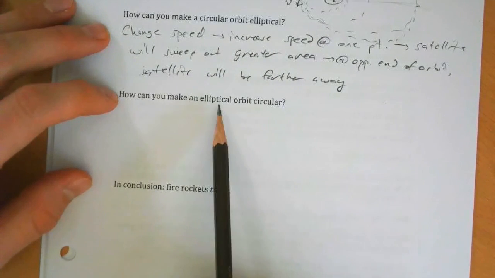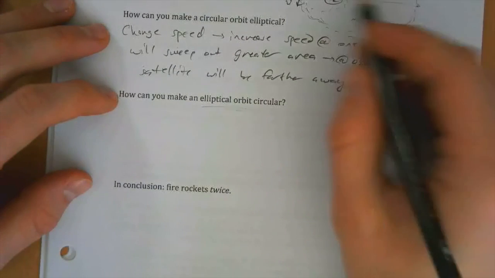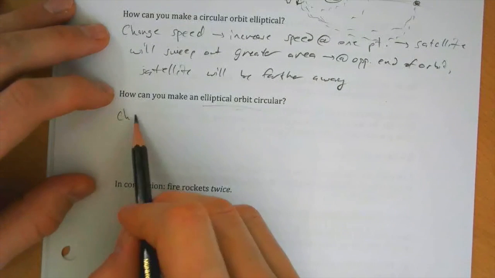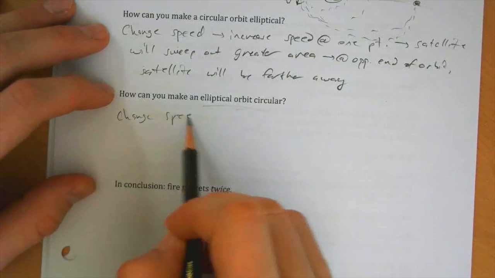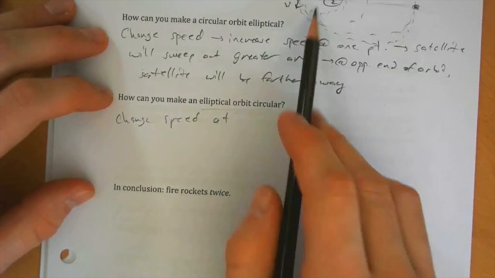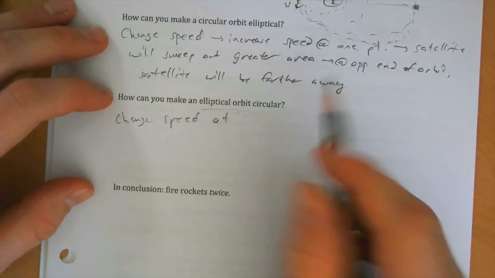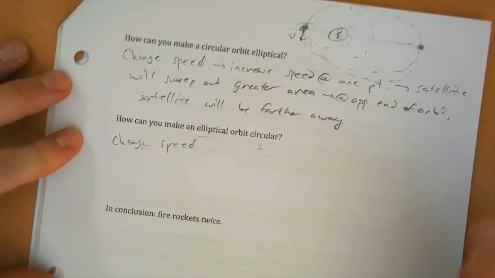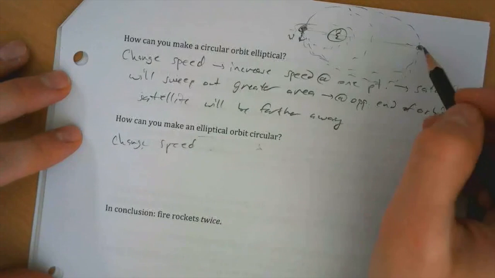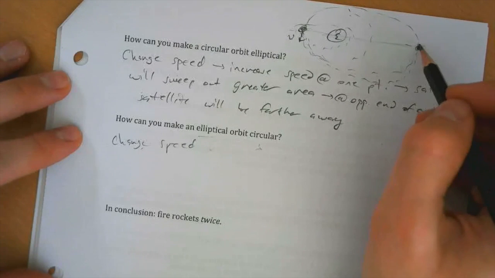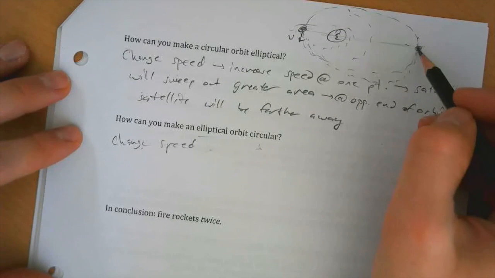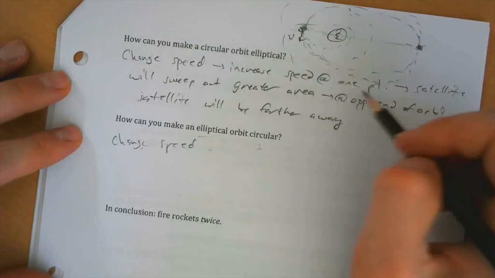How can you make an elliptical orbit circular? Well, do the opposite thing. You change speed at one of these, well, at any point really. If you speed up here, now obviously the satellite is moving faster, so it'll take gravity longer to pull it in toward Earth, and so then you create a bigger circular orbit.